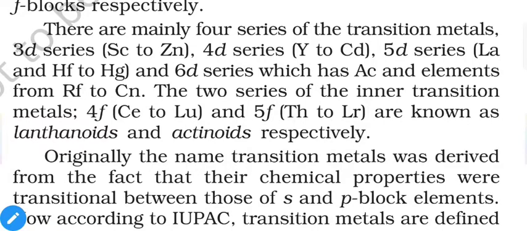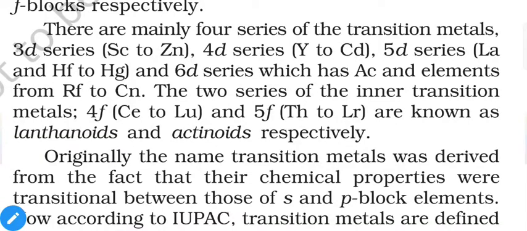Notice here in the 5d and 6d series, the first elements mentioned are lanthanum and actinium. These same elements are used for the nomenclature of the two different series of f block elements.